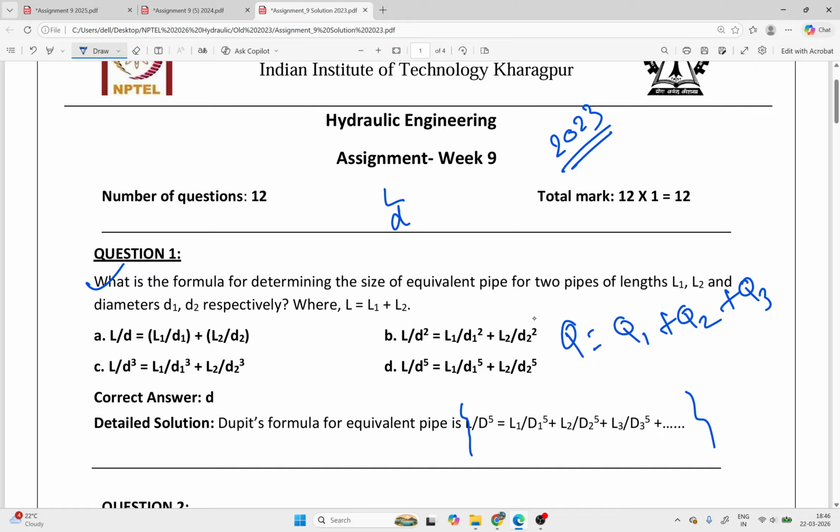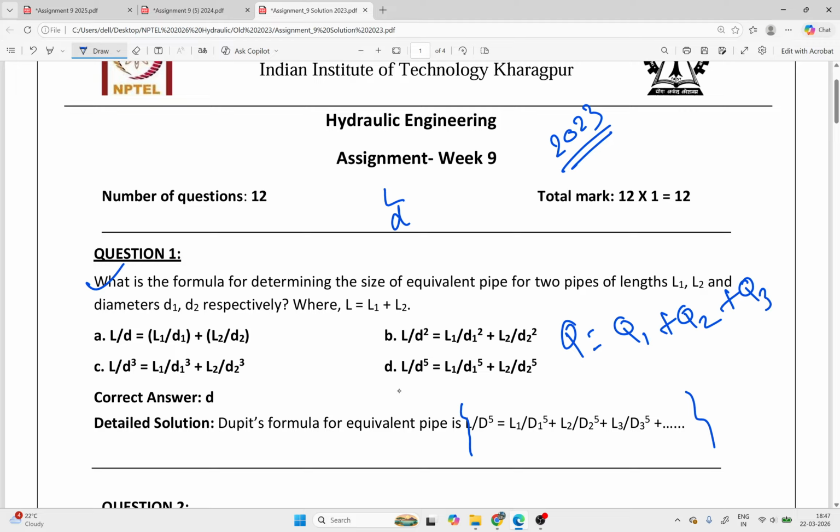Another thing you can also write here is your head loss, for the formula for determining the size of equivalent pipe of two pipes.